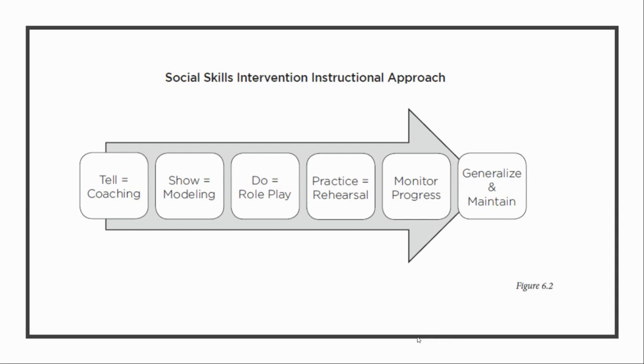The next thing, they're going to practice that skill. They're going to be given opportunities to rehearse those skills in small group sessions in that situated learning. The next thing is that they're going to be monitored for their progress in learning and applying that skill. And then lastly, they're going to be given more instruction and more opportunities to move that skill into generalization and maintenance.